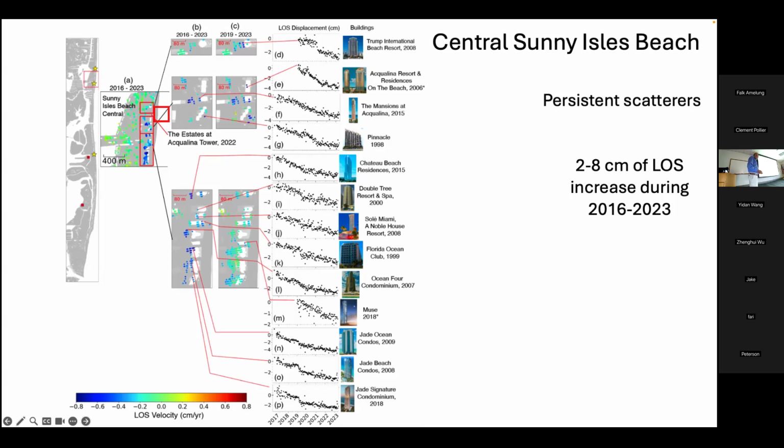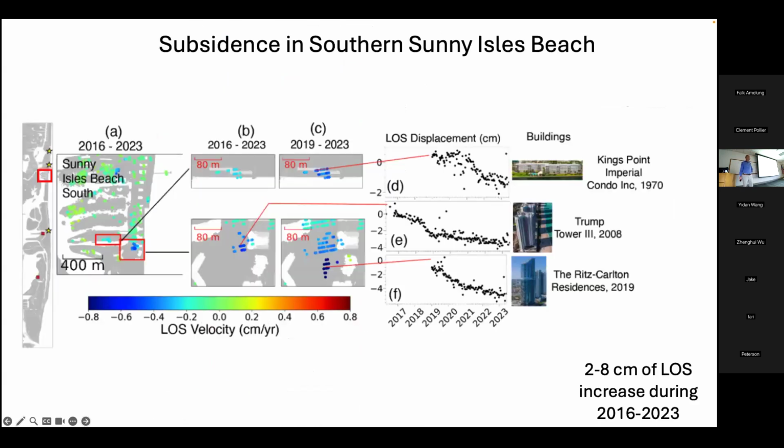For the Muse and the very recently built structures, we don't have data because they're just being built. There were no persistent scatterers during the time period we observe. We also don't get measurements during the period when the buildings are constructed because the surface changes.